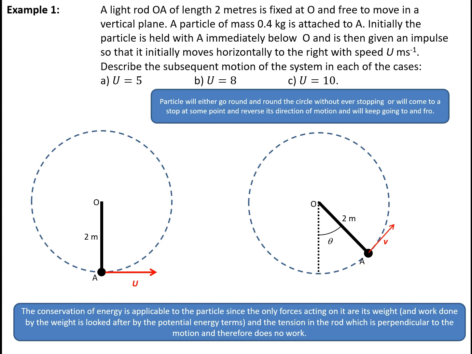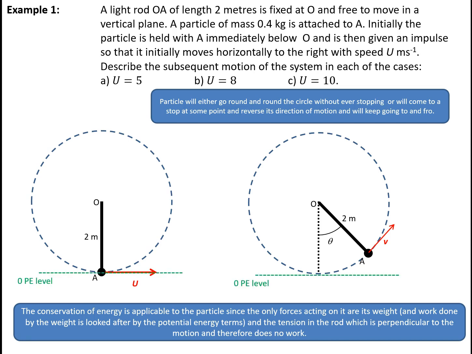And the only other force that we've got is the tension, or possibly the thrust, in the rod. Now the tension or thrust in the rod is perpendicular to the motion at every instant, and therefore it does no work, because a force that is perpendicular to the motion does no work.